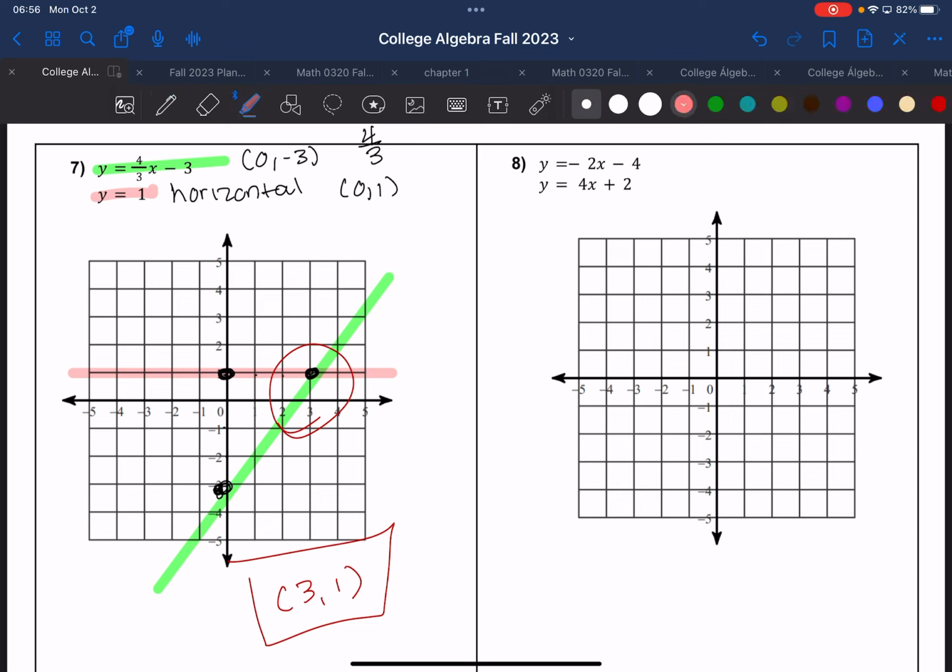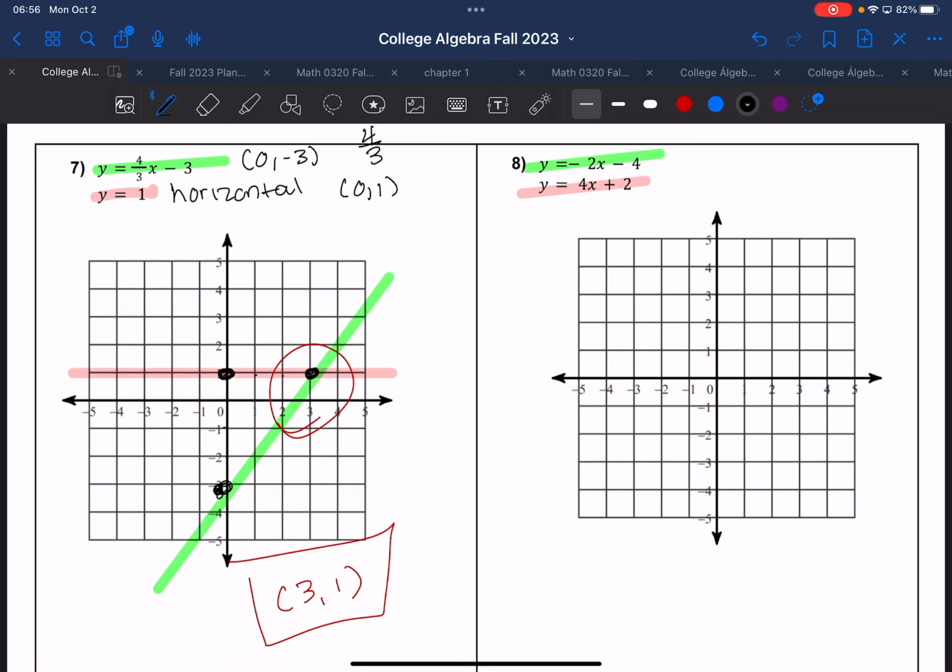Okay, on the next equation, again, they're both in that y equals mx plus b format. They won't always be. We'll have examples further along where we're going to have to change the format.